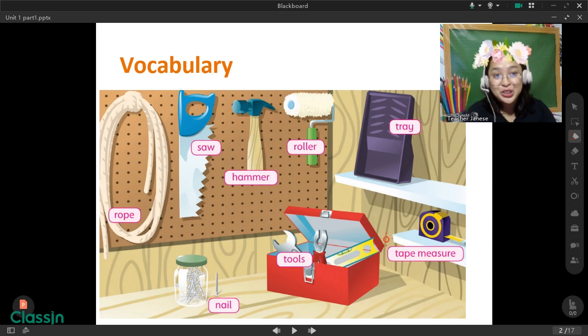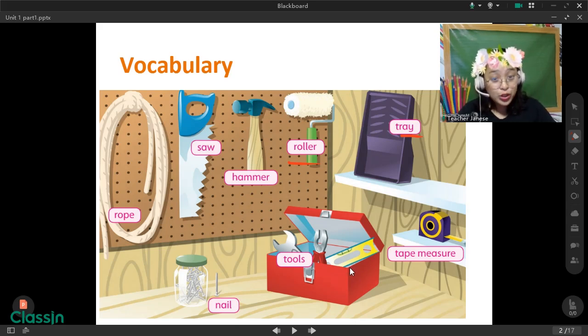They are partners. So it is a tool used for spreading paint, dough, or soil. But usually we use the roller to spread the paint.